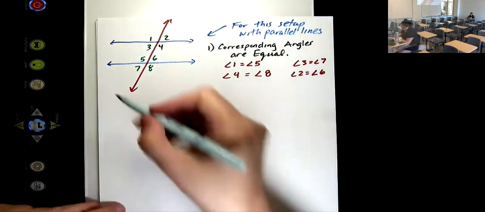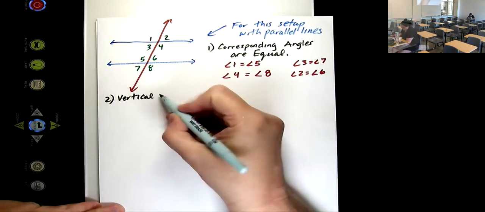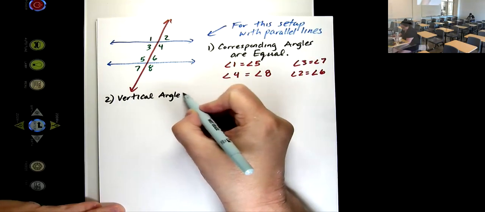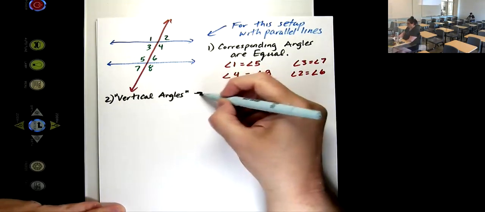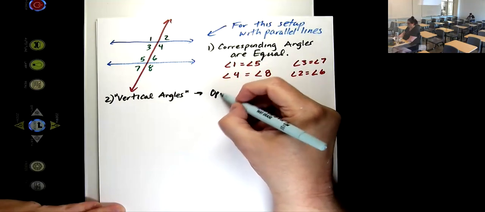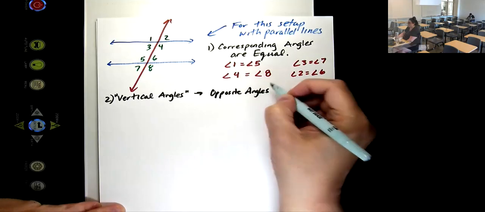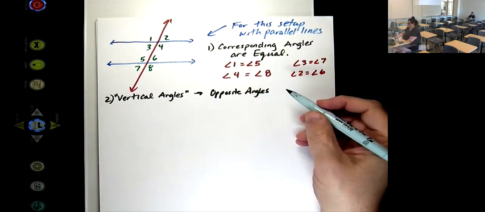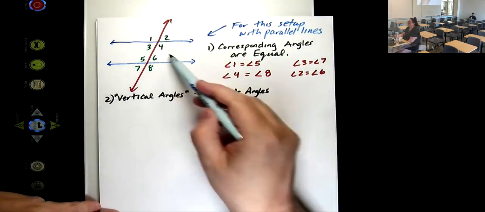Number 2. Vertical angles are equal. I think this is a stupid word. I think a better way of describing it is called opposite angles. But even that doesn't work. We tend to use opposite in right triangle trigonometry, so I hate saying that, but they are opposite each other.